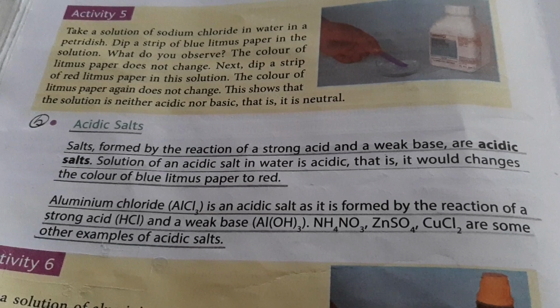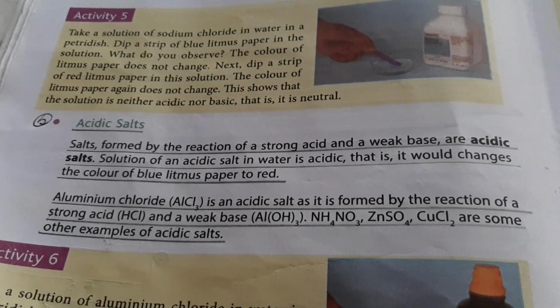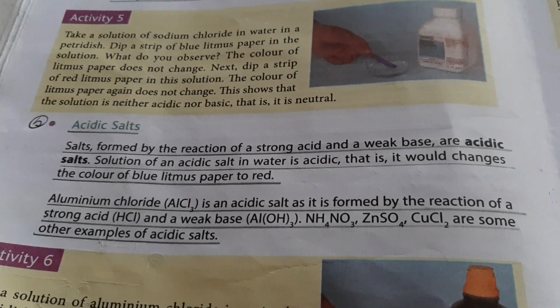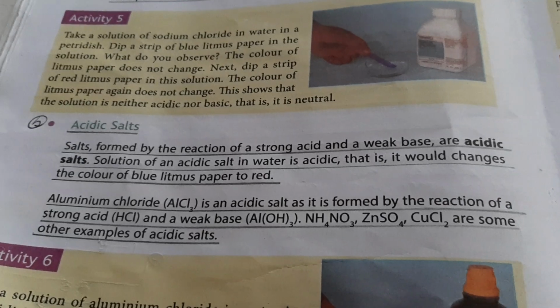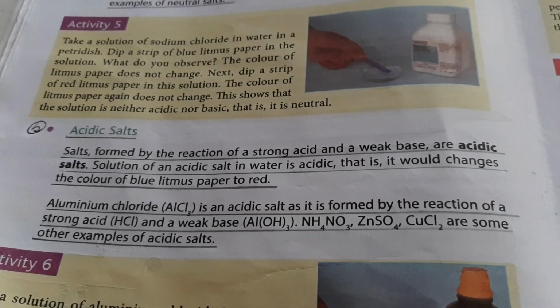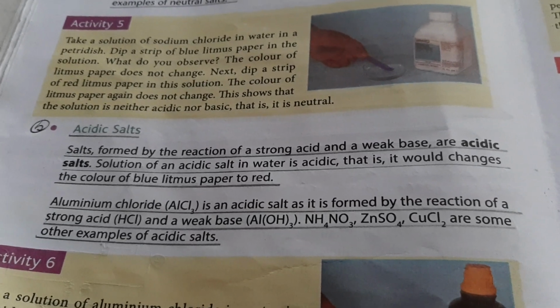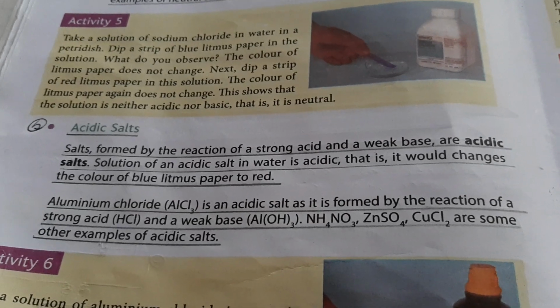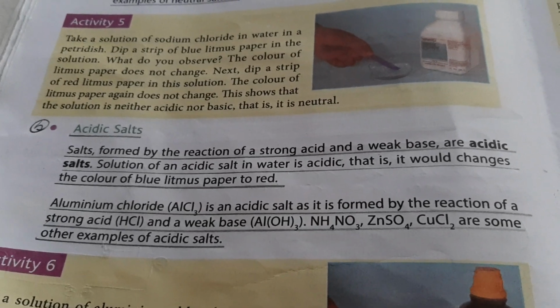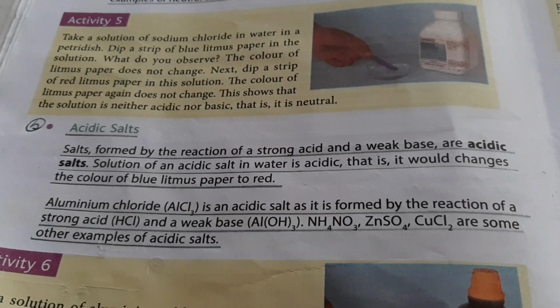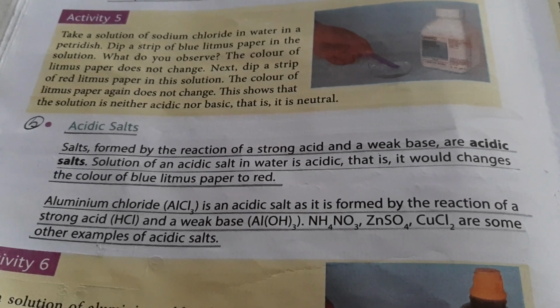You can write these examples in your notebook. Aluminium chloride is formed by the reaction of hydrochloric acid and aluminium hydroxide. Aluminium hydroxide is weak, but hydrochloric acid is strong. So when the two are mixed, the property of the acid will be visible. That means the aluminium chloride salt which is formed is acidic in nature.